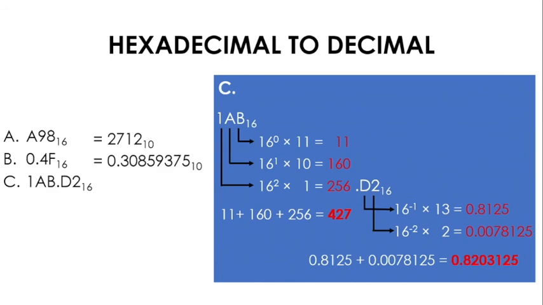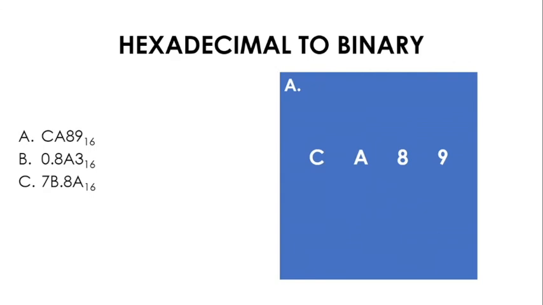You combine the answers, and the decimal equivalent of 1AB point D2 hexadecimal is 427.8203125.